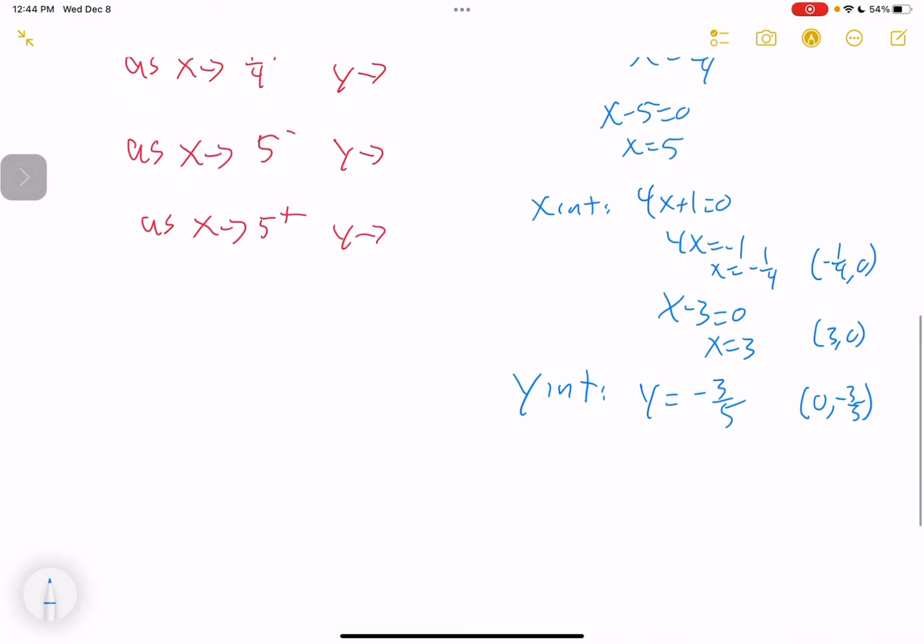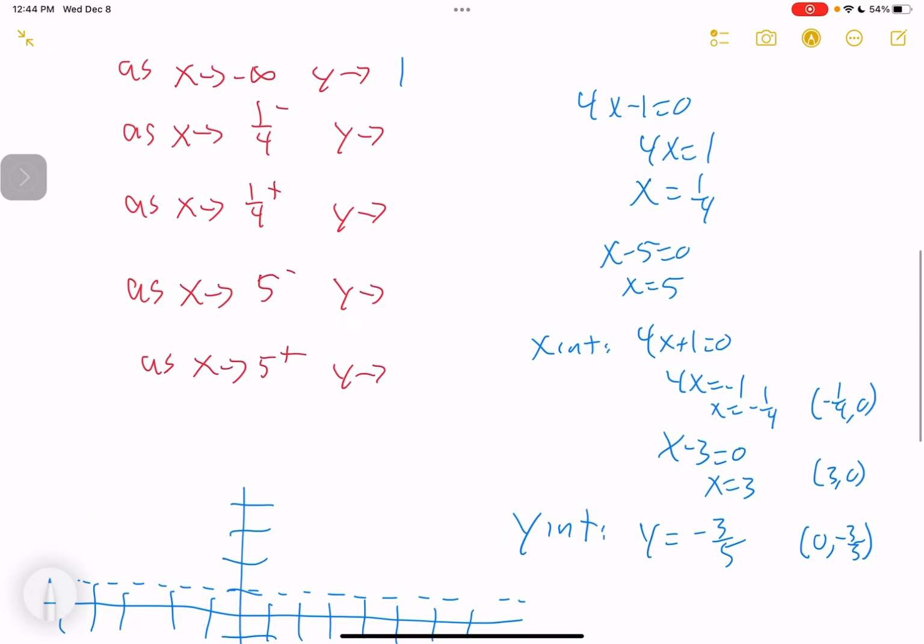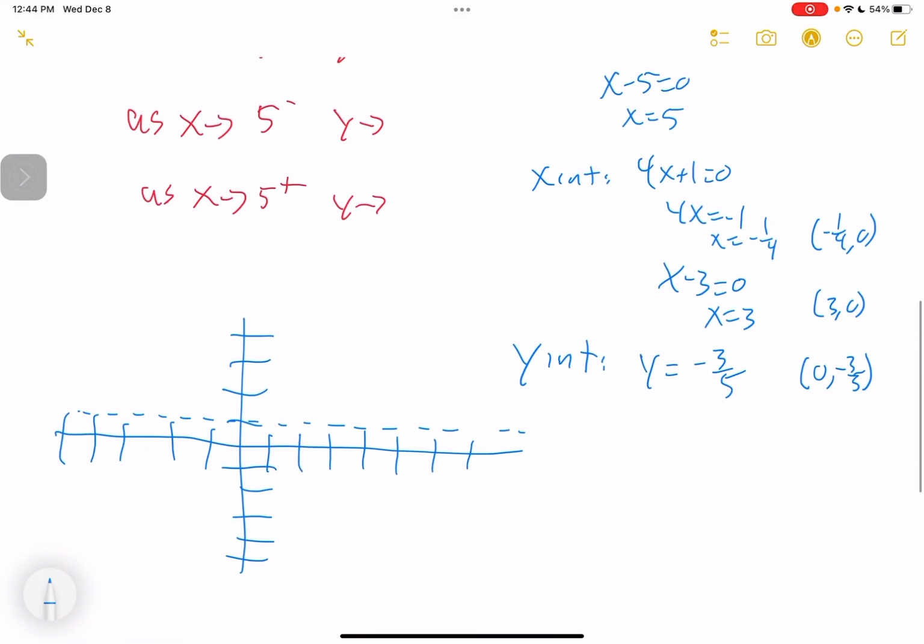So if we were to graph this, let me just give some numbers here, some tick marks at least. So we have a horizontal asymptote at y equals 1. We have a vertical asymptote at positive 1/4, so right along here.